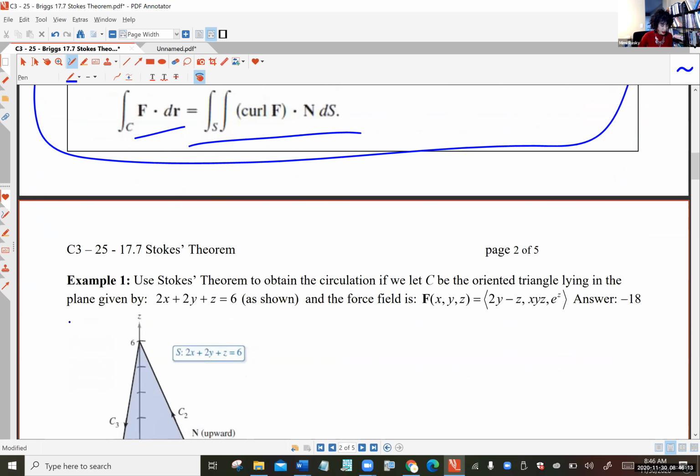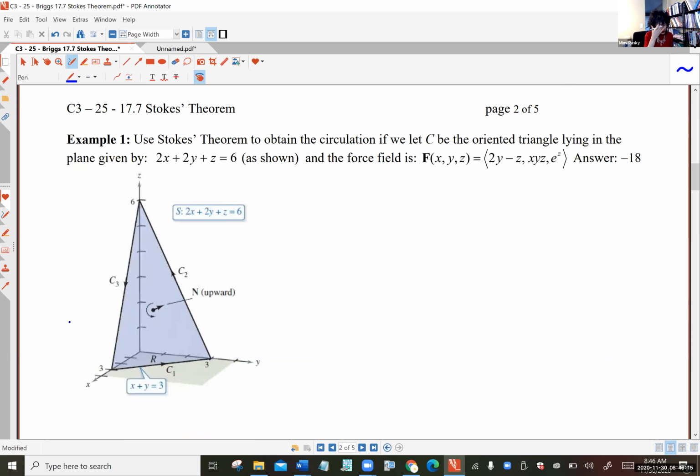Different from flux. So I'm going to do an example. And then I'm going to put you in groups, and you're going to do an example with your buddy. Sounds good, right? And just follow my lead. So if you understand what I'm doing in this next example here, example 1, you will do fine on the very next example. Okay, so just follow the procedure.